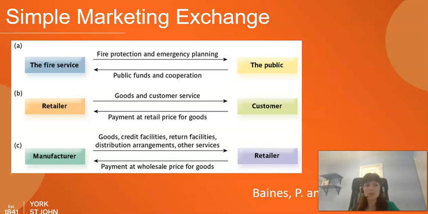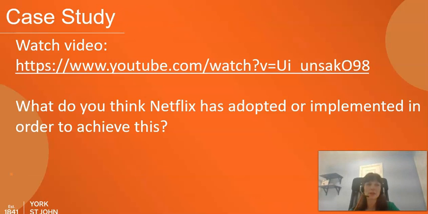And this is something that big organisations seem to miss, because they don't fully evaluate everything in this exchange process. So the next thing I'd like us to do is watch a video which discusses a digital strategy and the way in which digital adoption is changing the process of bringing goods and services to market.